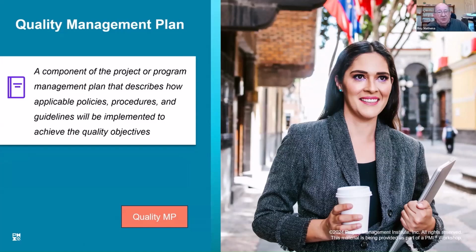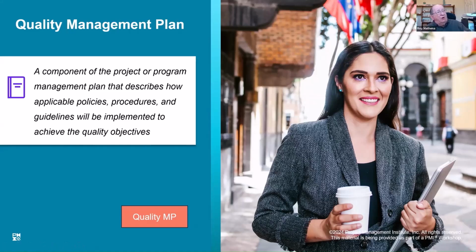This component of the project management plan guides you and helps you to make sure you are achieving the quality standards that this project requires. You can see there's a definition there for you to remember. A component of the project or program management plan that describes how applicable policies, procedures, and guidelines will be implemented to achieve the quality objectives.